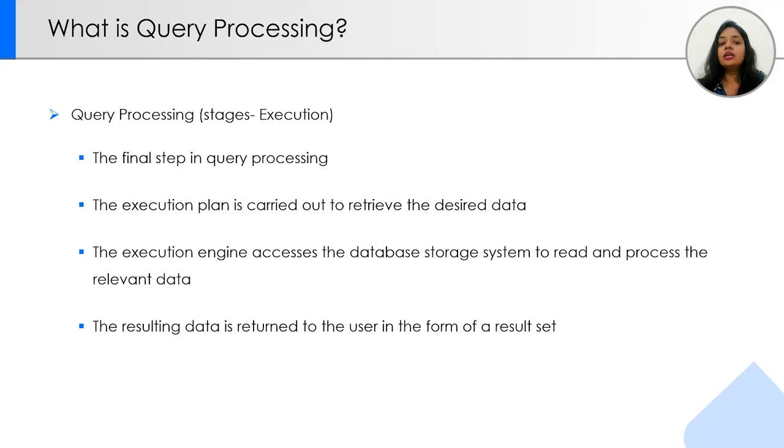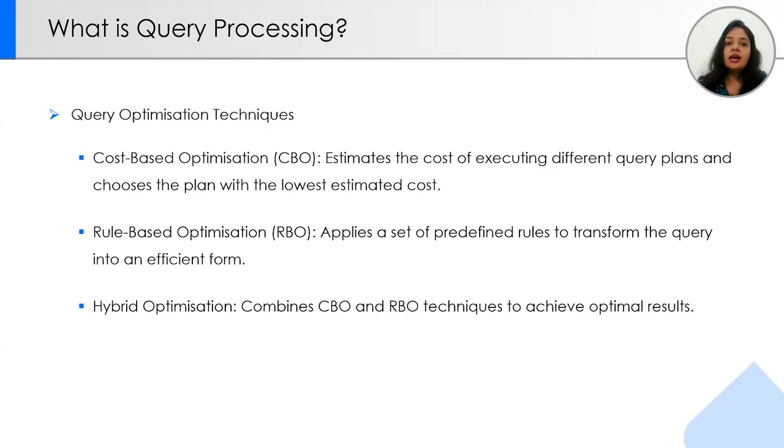So here we are basically executing the plan to get the accurate result. So the resulting data is returned to the user in this stage, and it is returned in the form of result set.